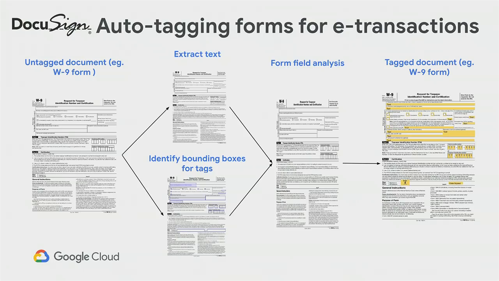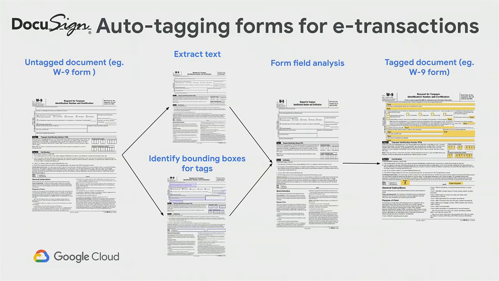We're able to accurately identify bounding boxes trained on thousands of documents, and also associate those bounding boxes with signature fields, name fields, checkboxes, so on and so forth, to go from an entirely untagged document that was manually tagged before into a fully automatic tagged form that DocuSign then has launched into their mobile application.